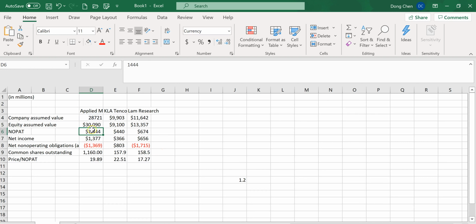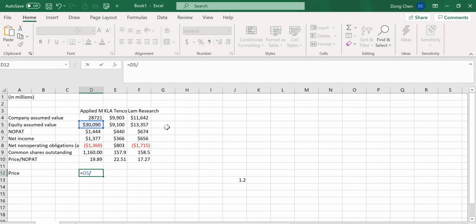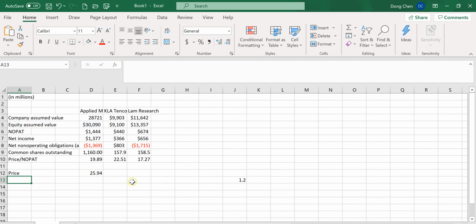And that's my equity assumed value. So eventually, price will be the equity assumed value divided by shares outstanding. Here I use the round function and keep 2 decimal places. So this is the final answer.